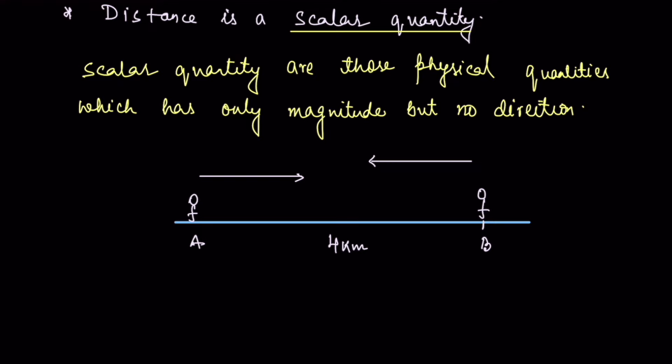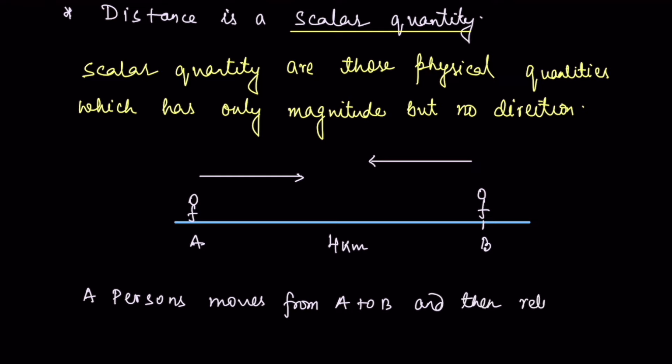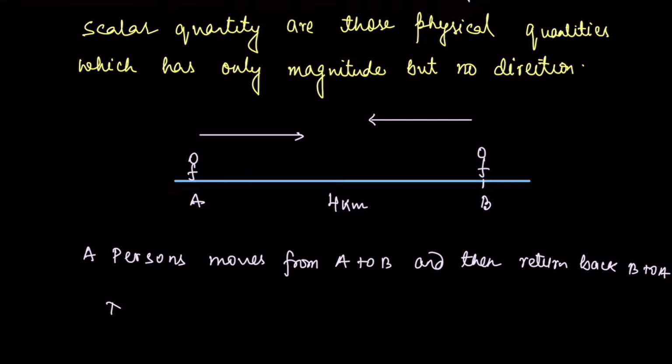The scenario here: a person moves from A to B and then returns back from B to A. So in this case, distance is equal to distance of AB plus distance of BA. It is equal to 4 kilometer plus 4 kilometer, which is 8 kilometers.